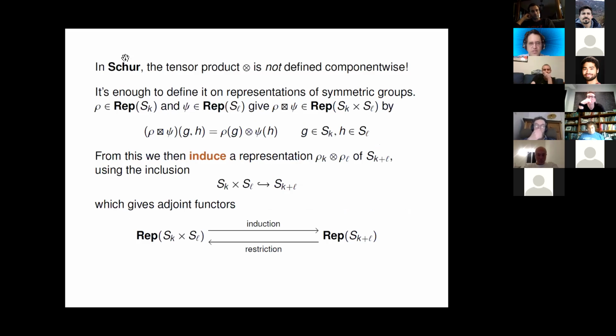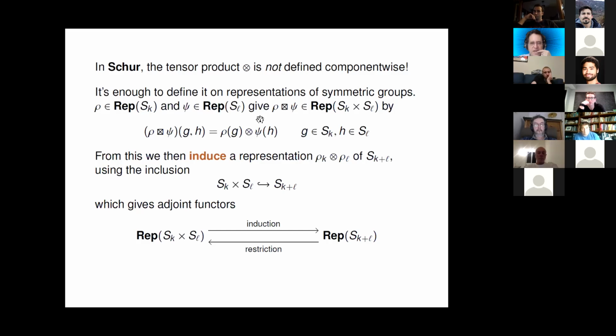Because remember, every object of Schur is a direct sum of these guys that are representations of a particular symmetric group, and our tensor product is going to distribute over direct sum. So if I know how to tensor two of these guys, then I can figure out how to tensor anything in Schur with anything in Schur.